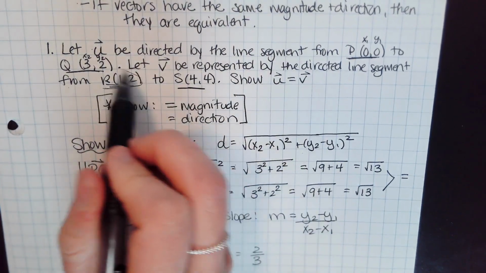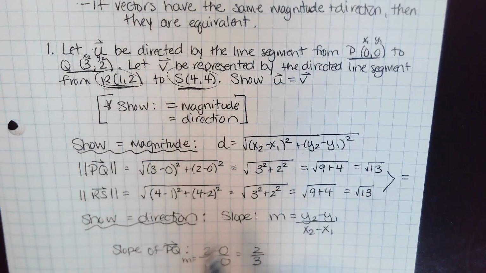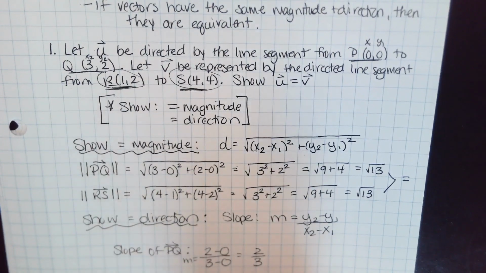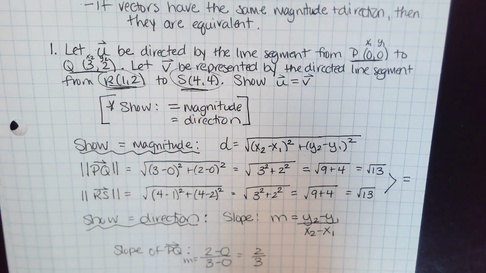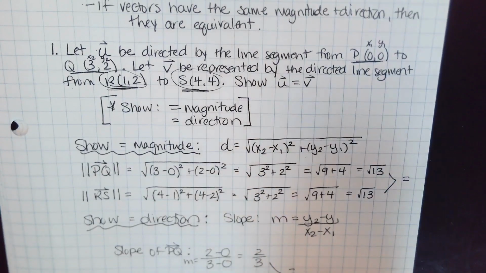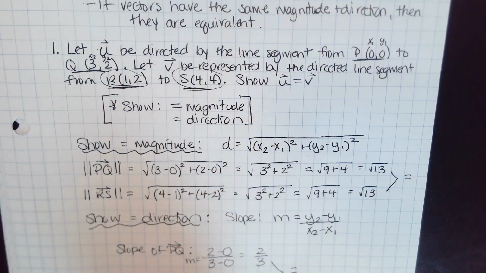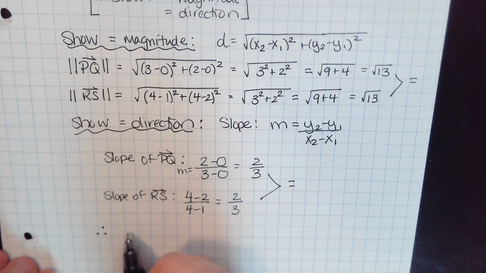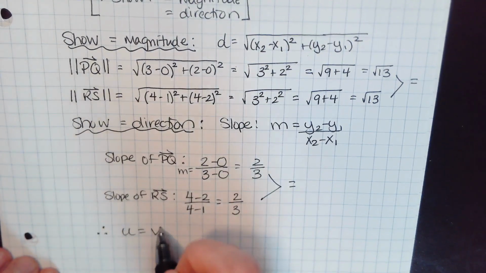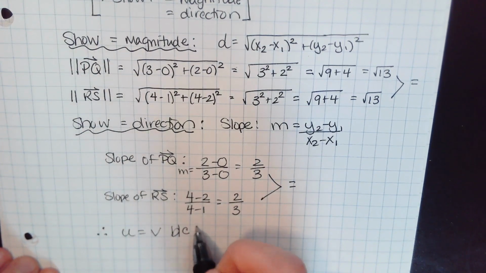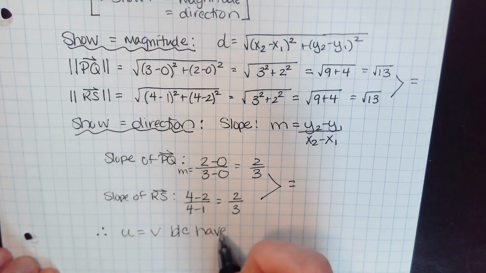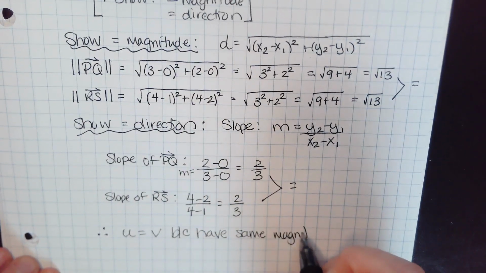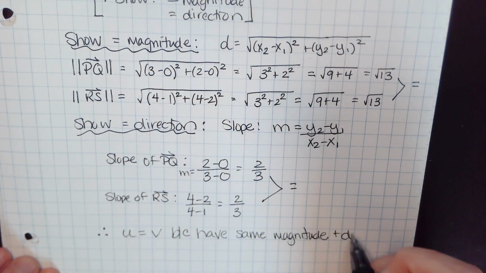So now I'm looking at point R and S. So change in y, 4 minus 2 over 4 minus 1 would give me 2/3. And now I have equal slopes. Therefore, my 3 dots mean therefore I know U equals V because they're equivalent because they have the same magnitude and direction.